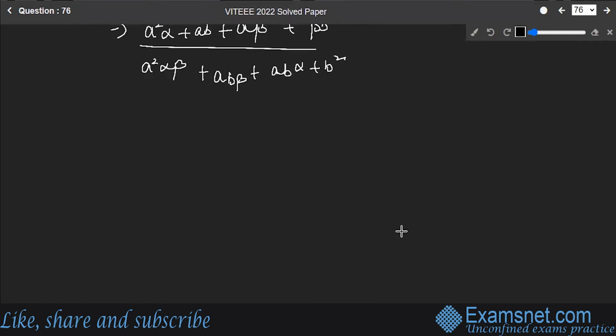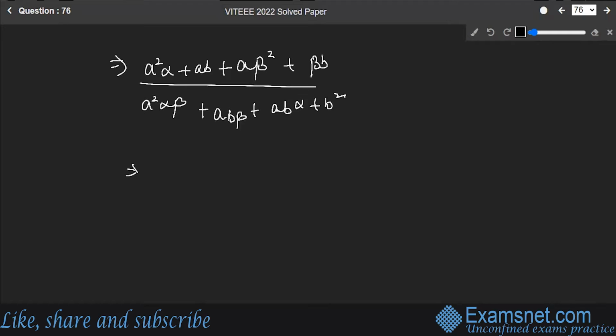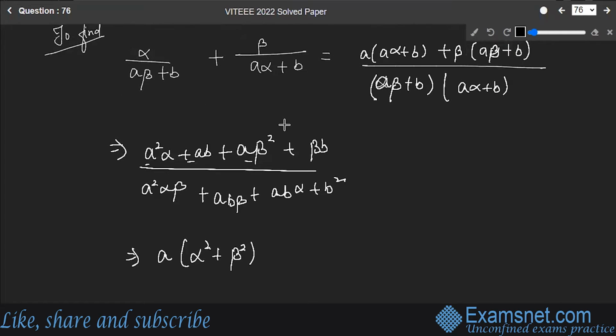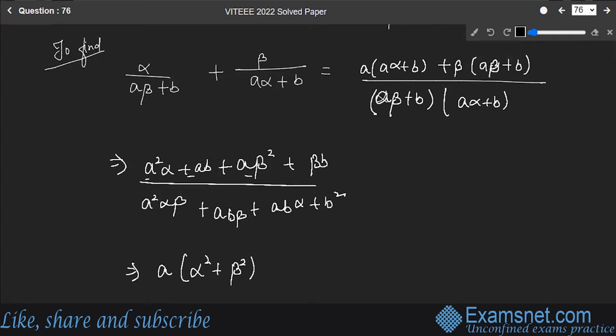Okay, so now the numerator, I'll take A common from here, so A into alpha square plus beta square. Sorry, this was alpha. Okay, so it is a slight mistake.